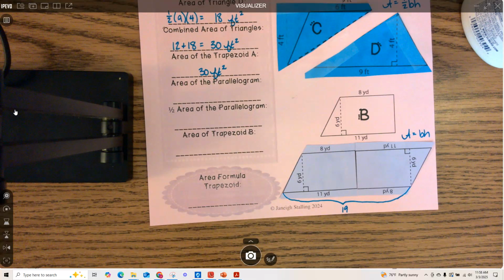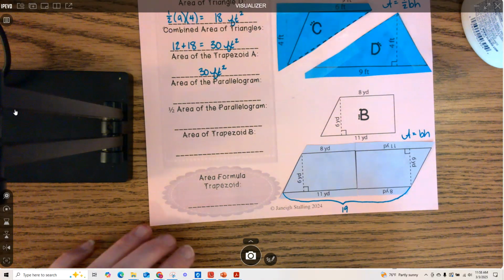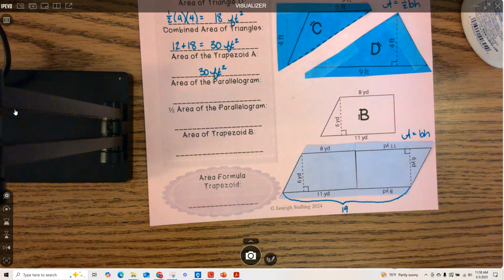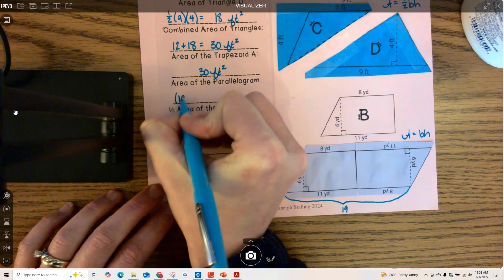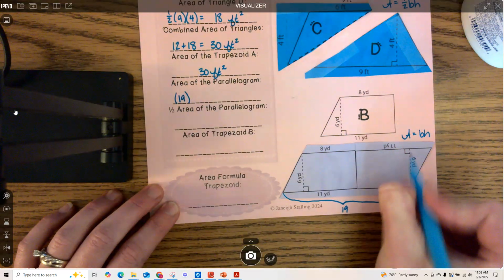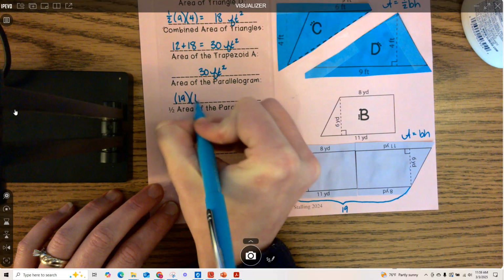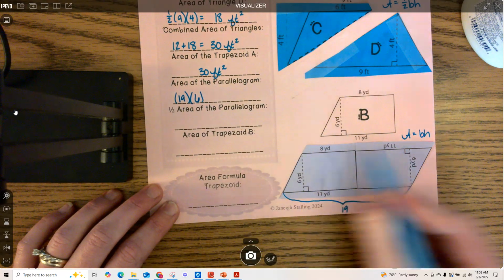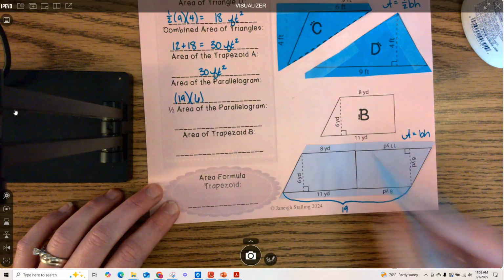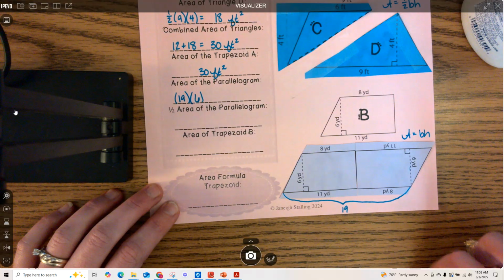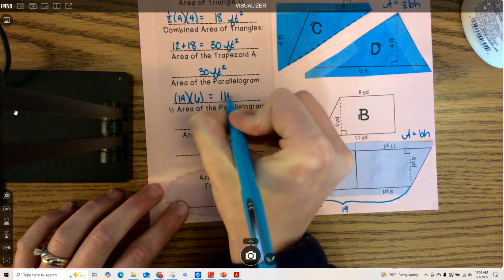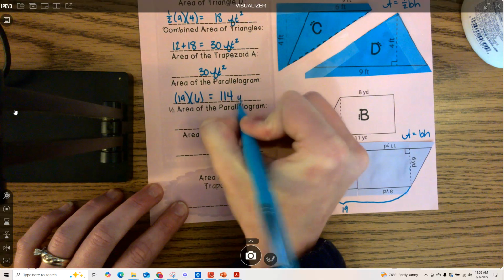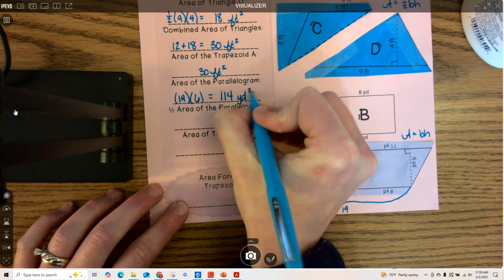So the base of my parallelogram is actually 19. So to find the area of this big parallelogram, we would multiply the base of 19 times the height of 6. And up here, if you use this side, it would be the same. 8 plus 11 is 19. So 19 times 6 gives me 114, and these are yards. Yards squared.